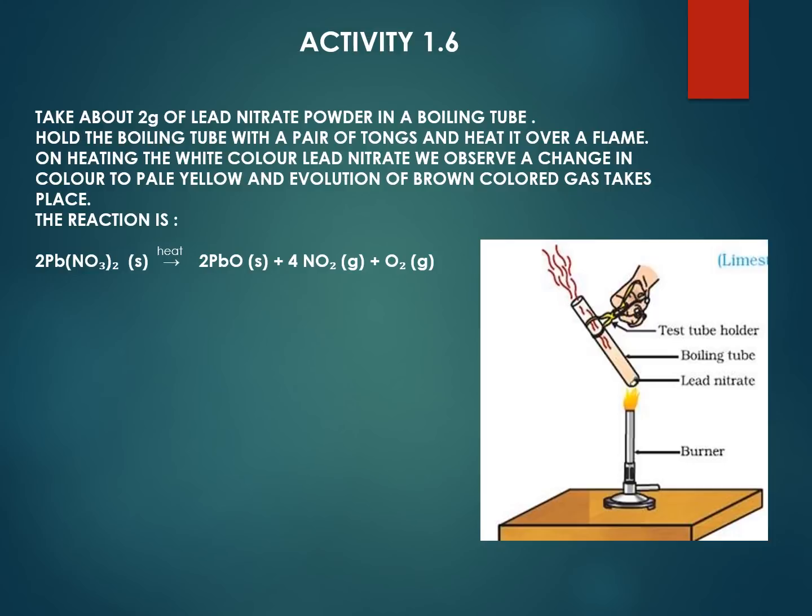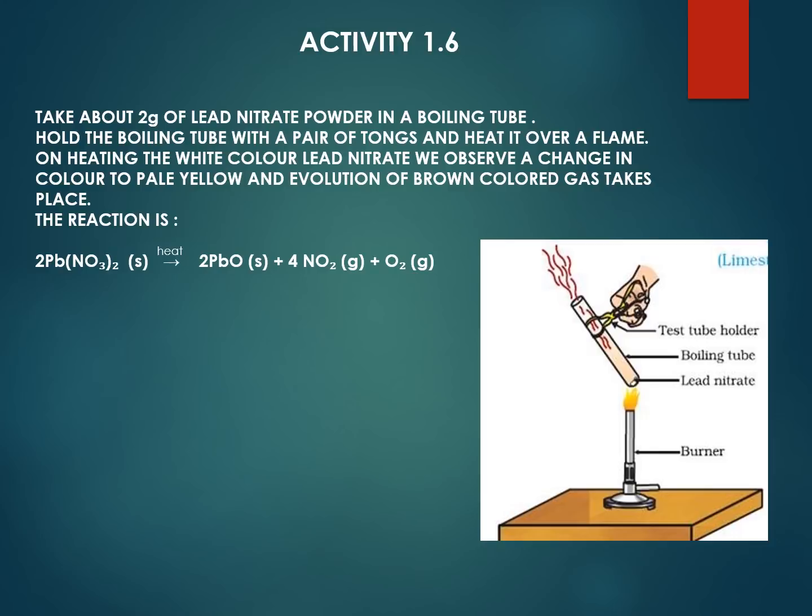On heating, the white color of lead nitrate slowly changes to a pale yellow solid, and evolution of brown colored gas takes place. That means after some time the white color disappears and we get a pale yellow solid in the boiling tube.